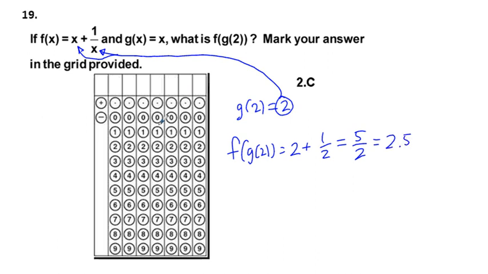So 2.5 goes in here, 2.5. And the gridding assumes positive unless otherwise notified, so we don't have to fill in the positive here on the left. So we put in 2.5.